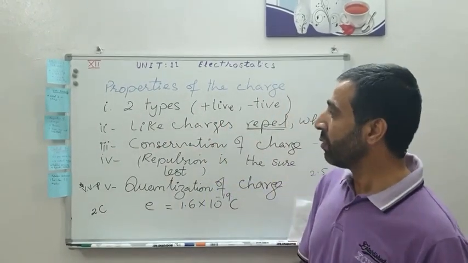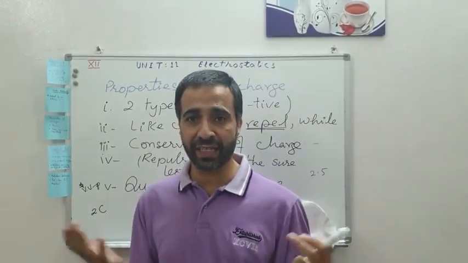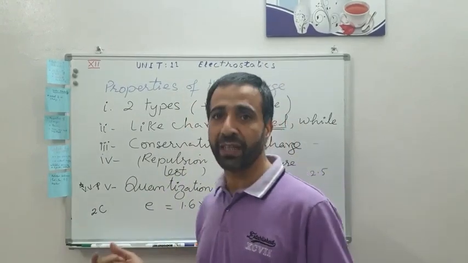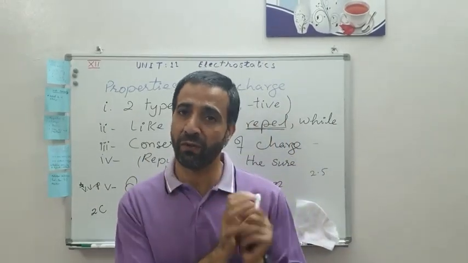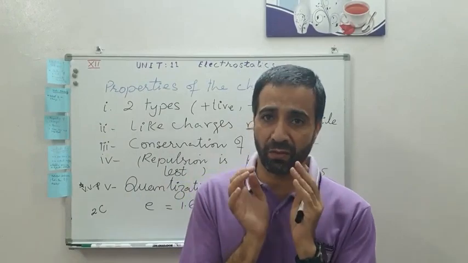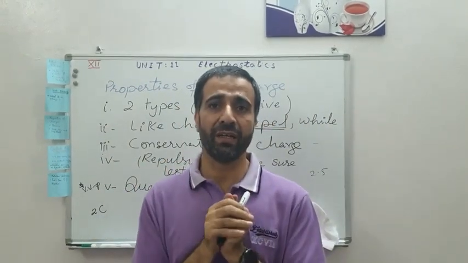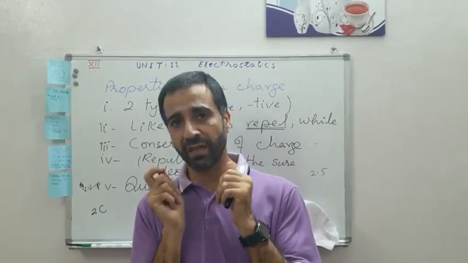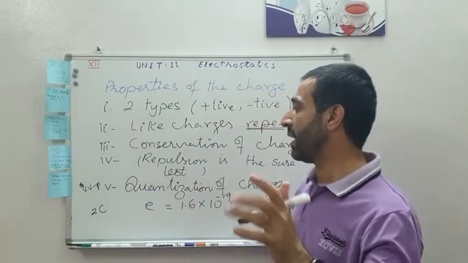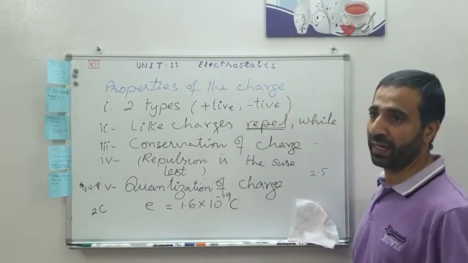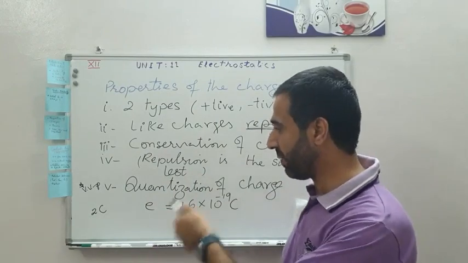Where are the charges? Charges could be on the electron. You can have 2 electrons, 3 electrons, 4 electrons. Similarly, you can have 5 protons, 6 protons, 7 protons, but you can't have 2.5 protons, you cannot have 3.5 electrons.